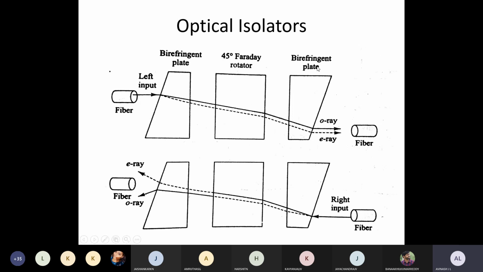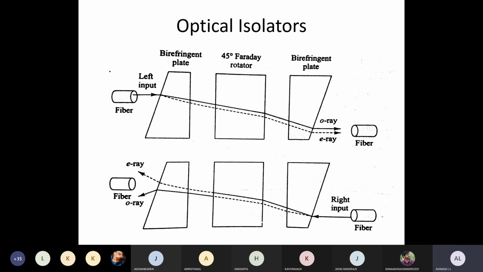Once again, why will the birefringent plate be used? Here there are the left input and right input; from the top diagram, it is the left input. When you are using the left input, when the wave hits the birefringent plate, it will get split into two components. One is parallel, another is perpendicular. Like that, it is going to be.